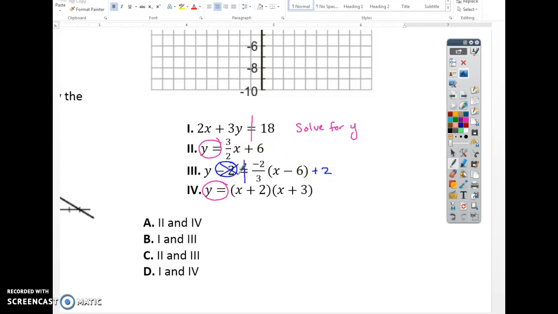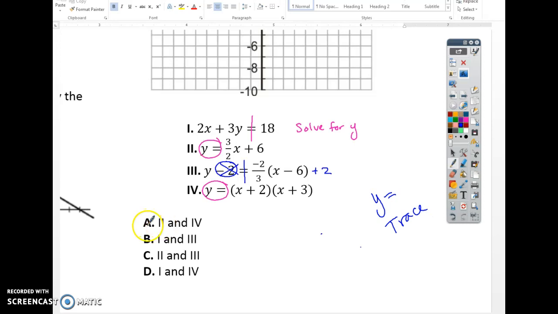So now it's solved for y. So I have 3 equations already solved for y. I have Roman numeral 2, 3, and 4 that you can put in y equals and trace and see if it matches. But you need to take your time and solve this one for y and then put it in y equals trace and see which one of those match.